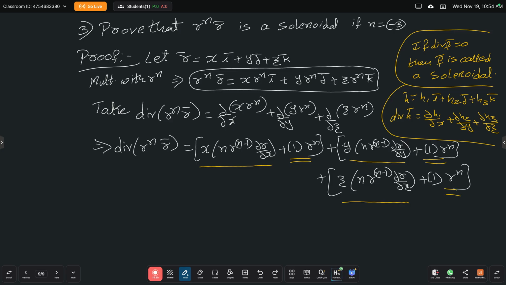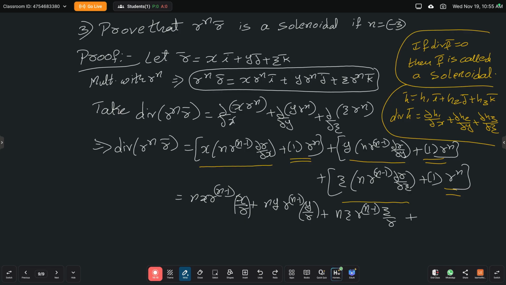Then the first terms can be written as n into x r^(n-1) into ∂r/∂x is x/r, plus the second term, that is the single underlined one, n y r^(n-1) into ∂r/∂y is y/r, plus the first term in the third term, which are underlined with one line, n z r^(n-1) into ∂r/∂z is z/r.